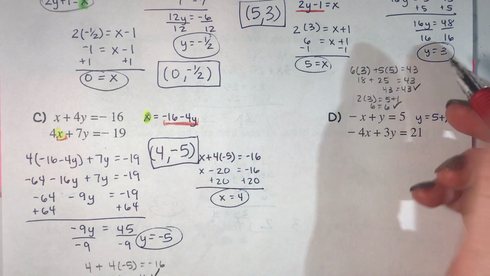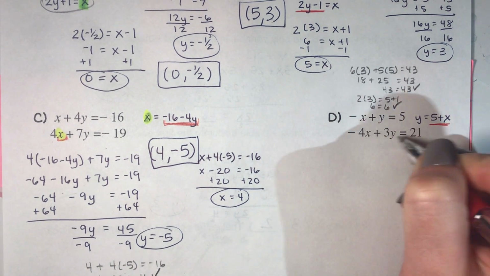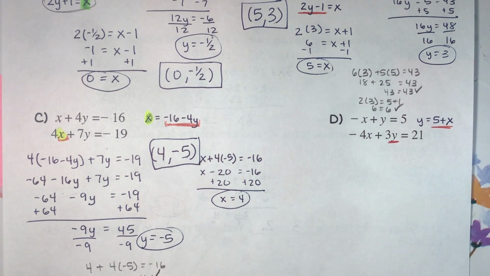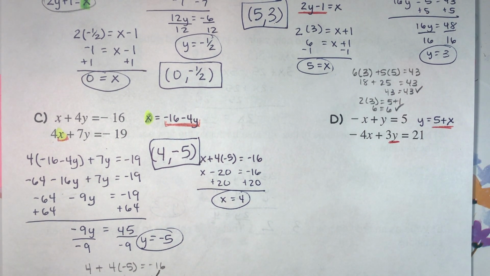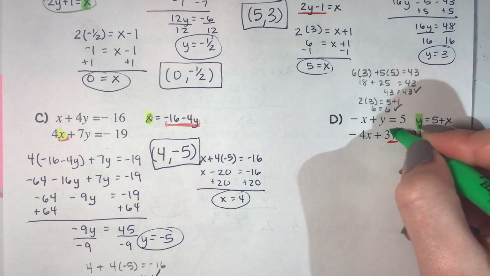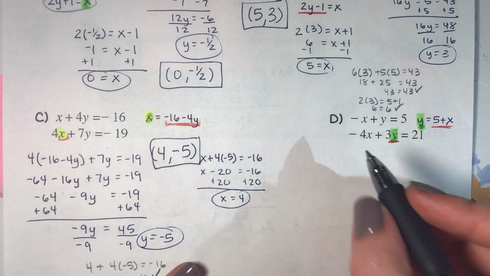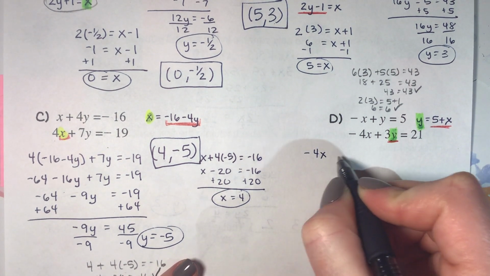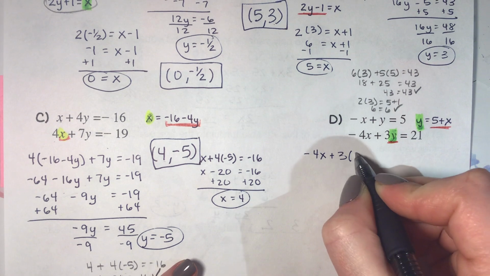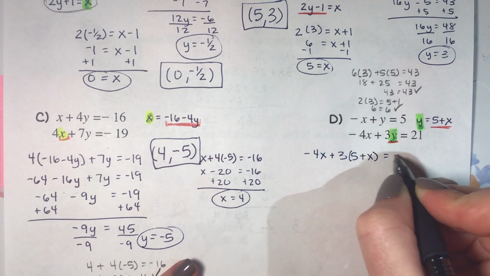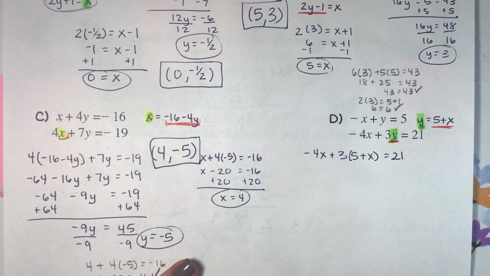I'm now going to take this 5 plus x and replace this y with it because the y was isolated, so I can substitute in my values for it. So my new equation is going to be negative 4x plus 3 times 5 plus x is equal to 21.